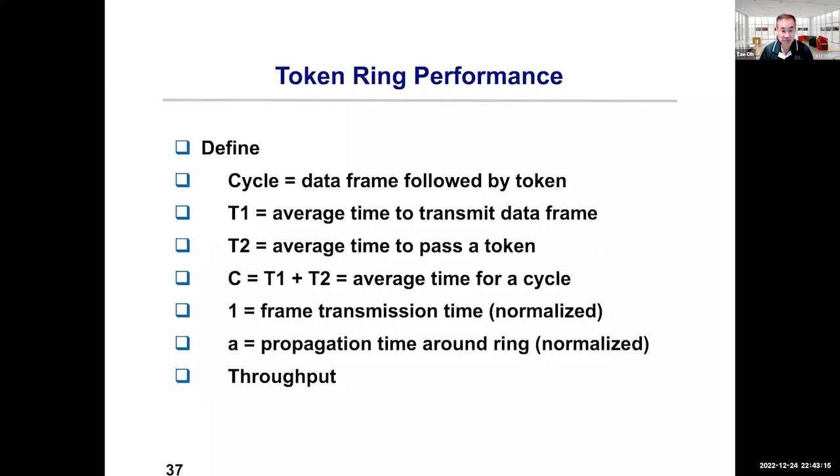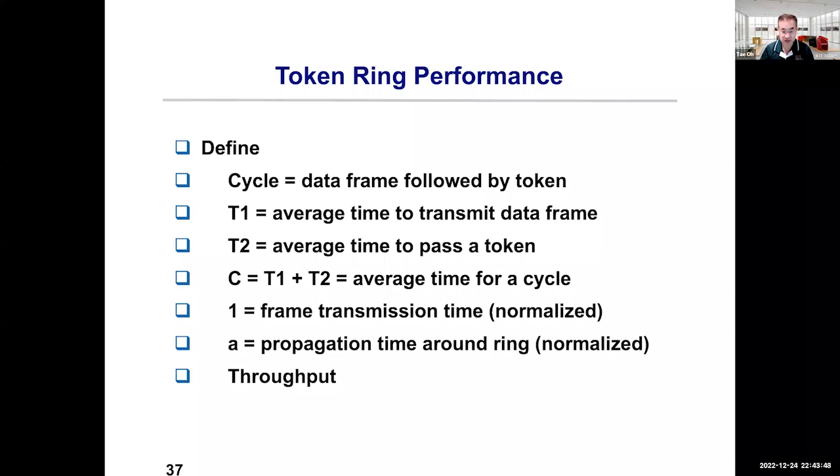For token ring performance, a data frame is followed by a cycle. T1 is the time to transmit the data frame. T2 is the time to pass the token from one station to another. So a cycle is the combination of T1 plus T2. Frame transmission time is normalized to 1, and a equals the propagation time around the ring, how long it takes to go around the ring.